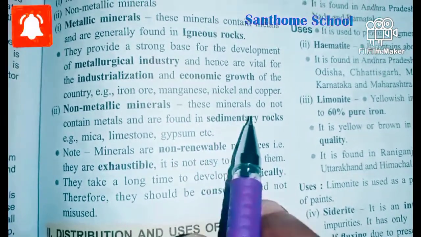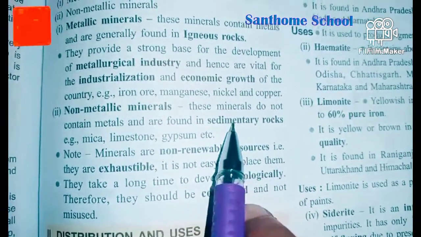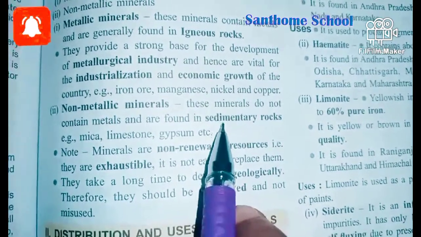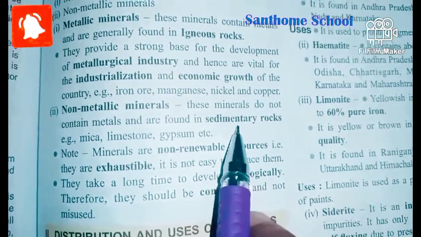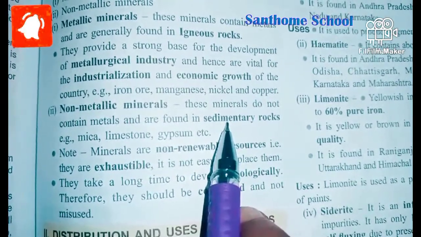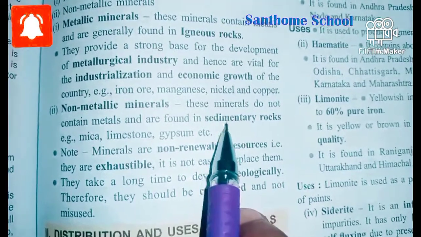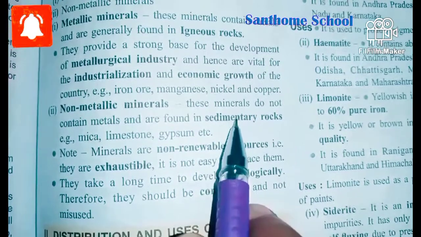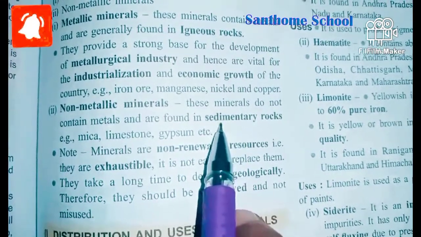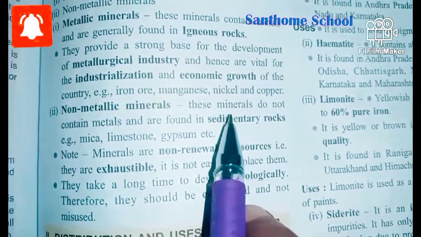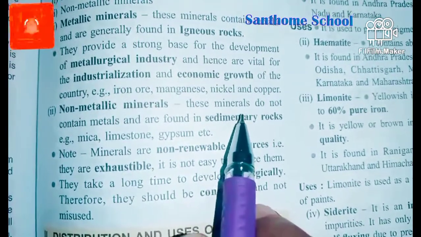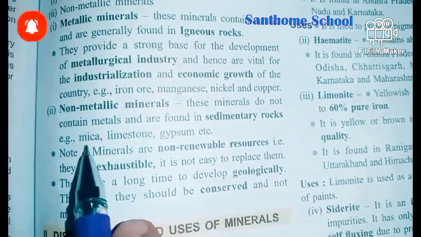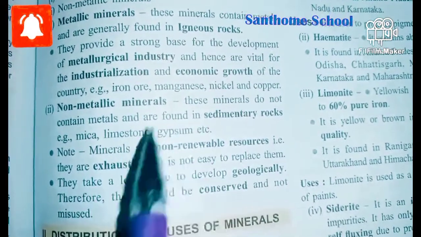And sedimentary rocks are formed in the riverbed where sediments accumulate year after year, and over a long period of time layers of rocks are formed, and due to lots of pressure the rocks solidify, and from them we can get some non-metallic minerals, for example mica, limestone, gypsum.